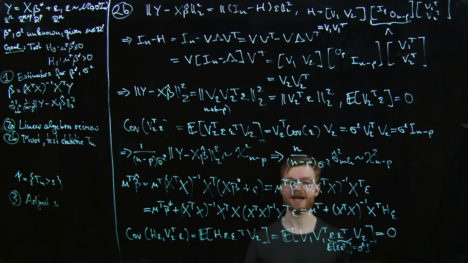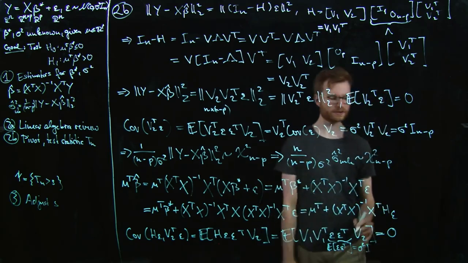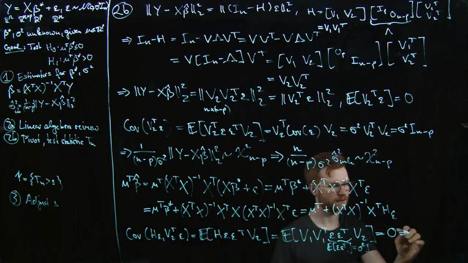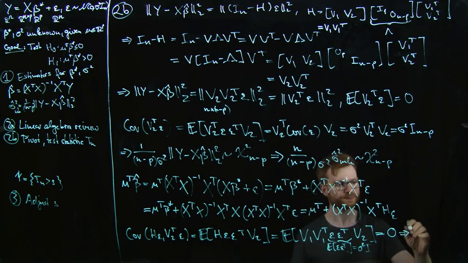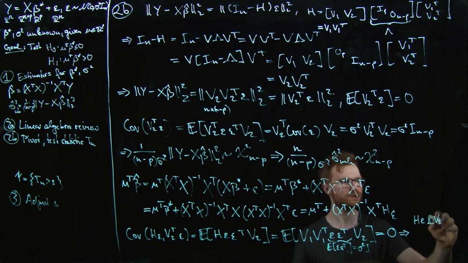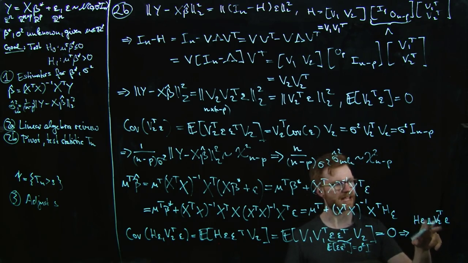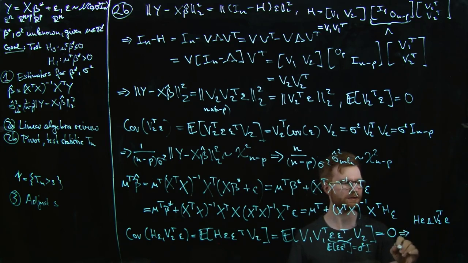So in fact, we have 0 covariance, and because they are jointly Gaussian, we can conclude that first, H epsilon is independent of V2 transpose epsilon. And because we can express our estimator for sigma hat squared by this quantity and our estimator for beta hat by this random quantity, in turn, we get that sigma hat squared unbiased is independent of beta hat.